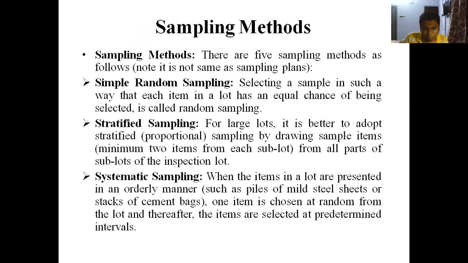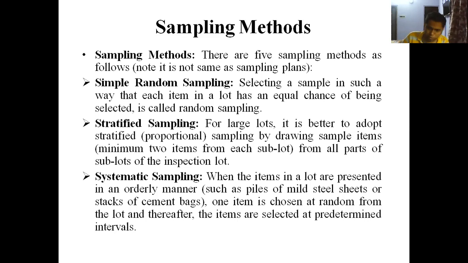Sampling plan means you decide the plan based on your capital N, small n, C, rejection number, these sort of things. But sampling method deals with how you consider the totality, the total parts of the samples.